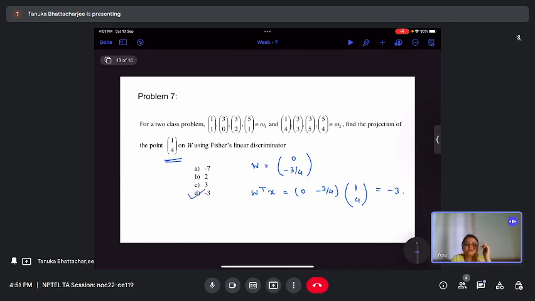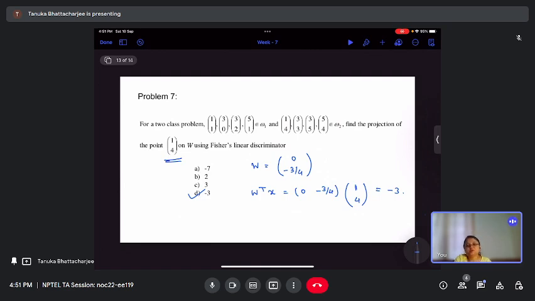Option D is the correct answer. So, the point 14 in the original space is projected to the point minus 3 on W, or in the projected space it is the point minus 3, okay, according to Fisher's linear discriminator.